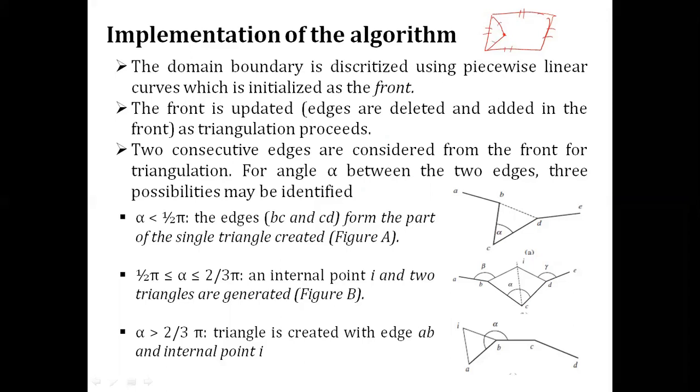Now the second node, where do I put my second node? I can put my second node here also. So rather than having a very definitive edge, I have got this edge. So how do I decide where the edge is going to be, and how to move my front is what is going to be discussed.